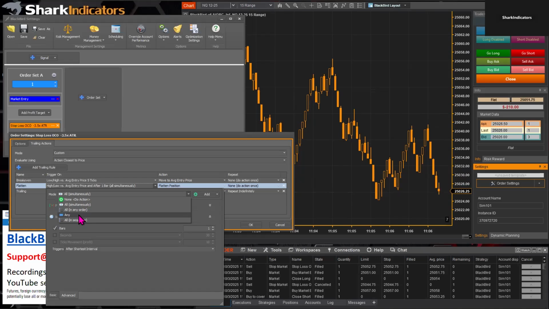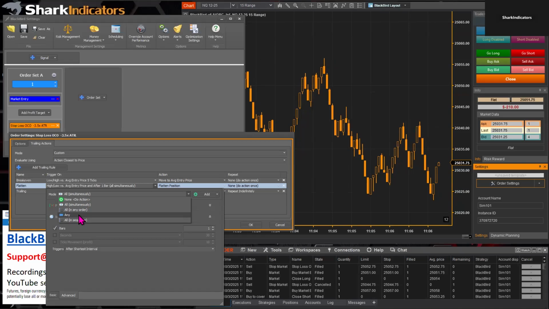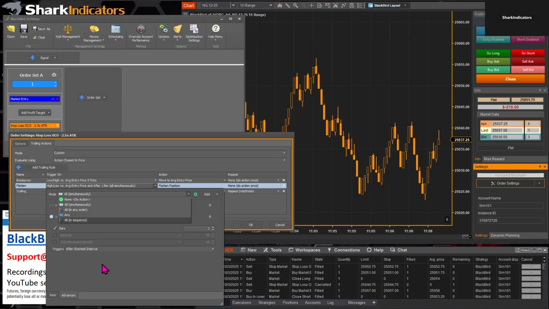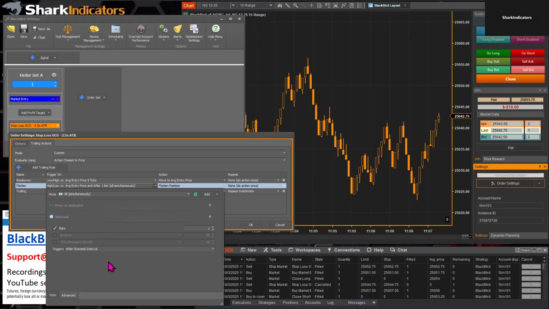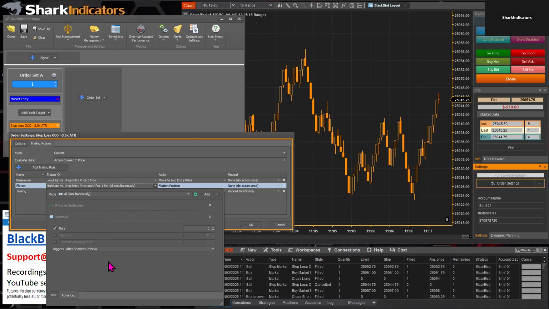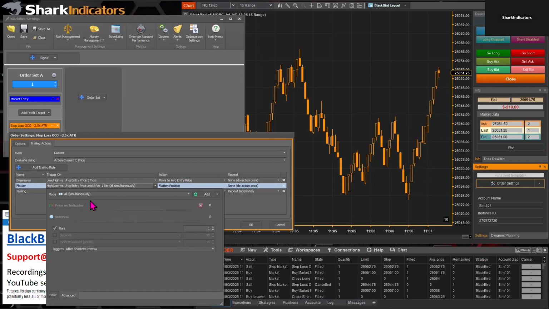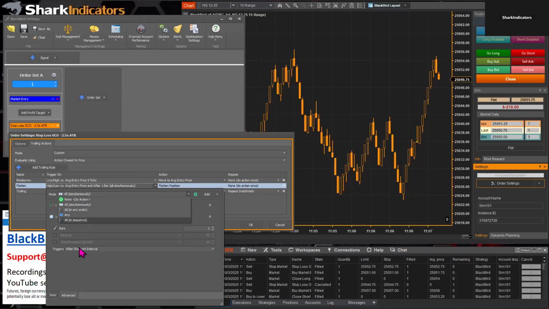It could be condition A, B, or C, and whichever condition happens first, then you want the trade flattened there. So any would mean, out of all the triggers you have in here, whichever one fires off first, whichever one comes true first, then that will execute whatever the trailing roll is. So you have all the different combinations of mixing trailing rolls together there, so you can make stuff quite a bit more advanced.